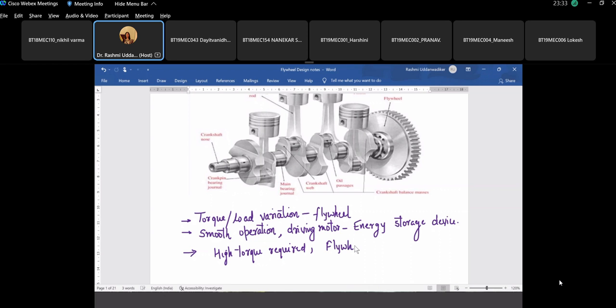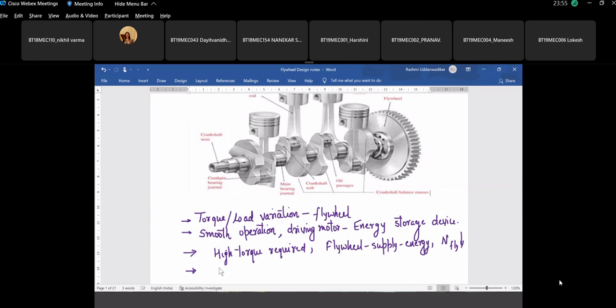The flywheel will supply energy. What will happen to the speed of the flywheel? The speed of the flywheel decreases.